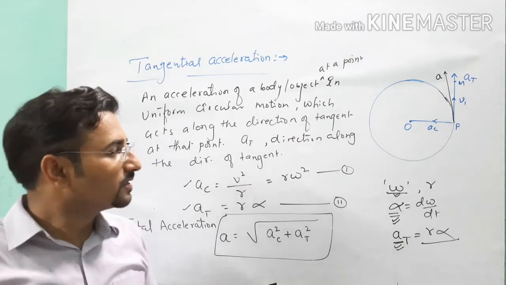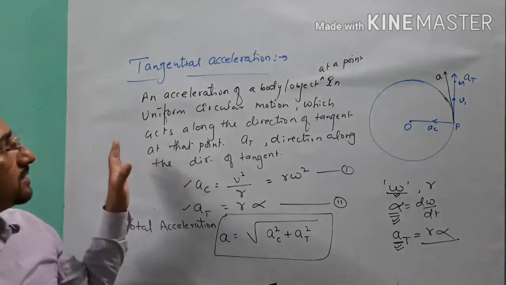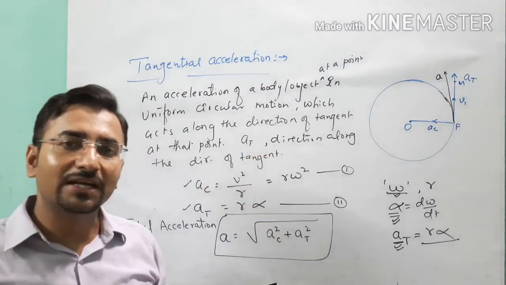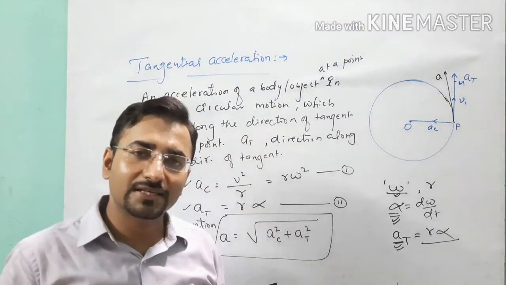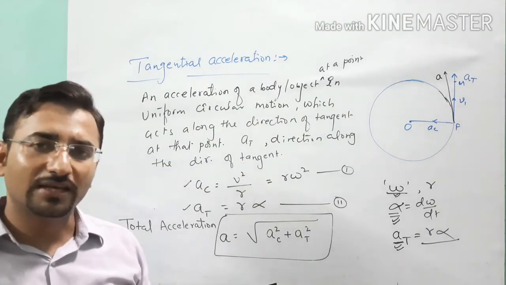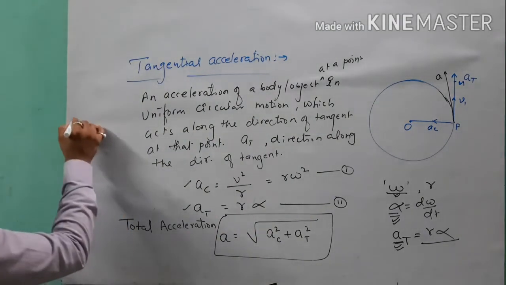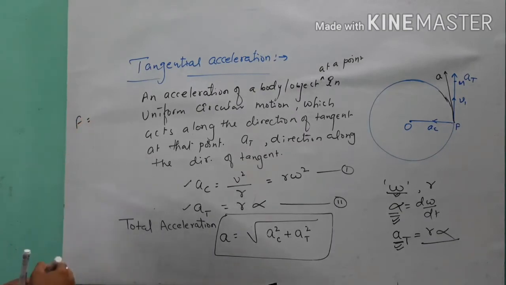Point is clear? So after the discussion of centripetal acceleration, you can also define the value of centripetal force, which we will discuss in the next chapter, laws of motion. In short, it is the force in circular motion.